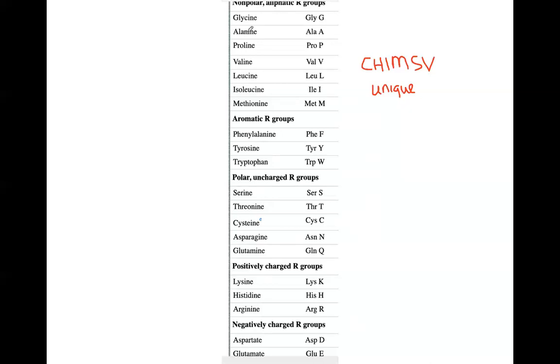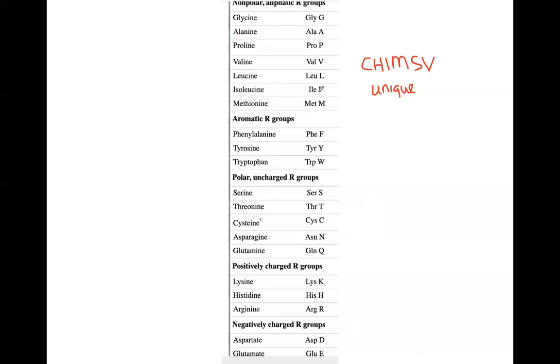Now you may notice, for each amino acid we have a full name, and then we have a 3-letter name, which in almost all cases is the first 3 letters of the full name. That is correct for glycine, valine, leucine.